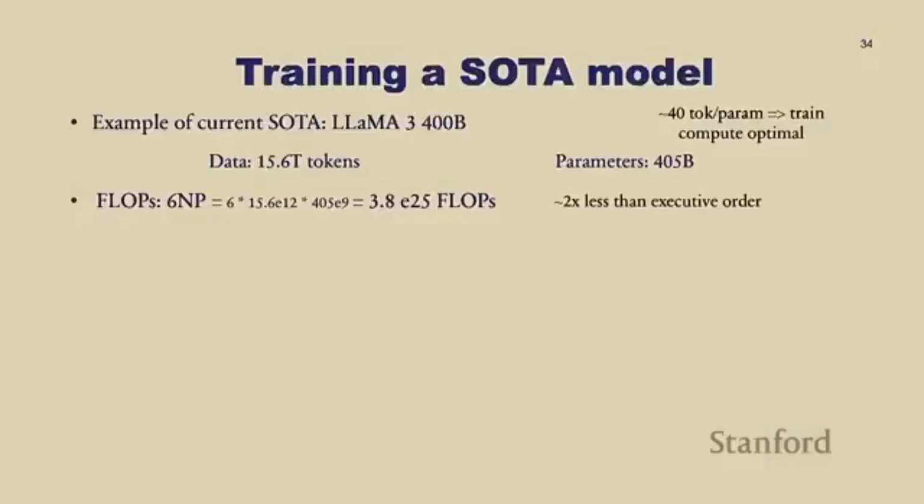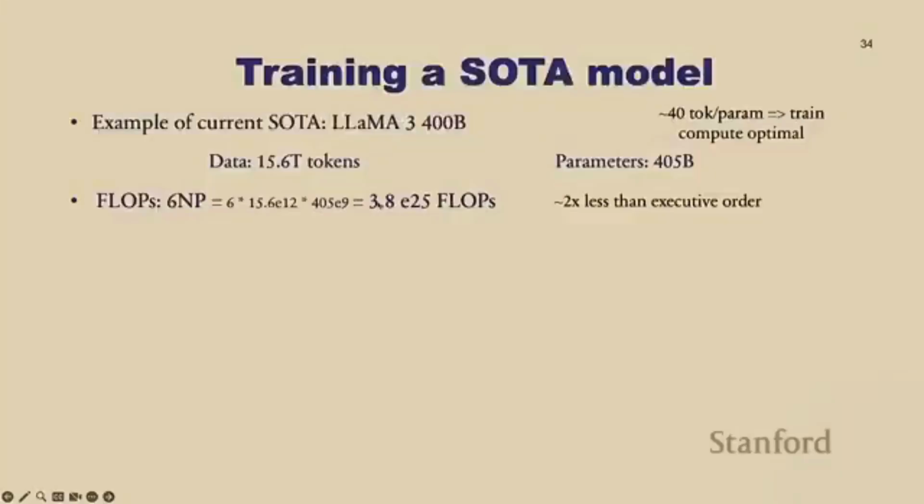Flops for this model. One simple way to compute flops is 6 times the number of parameters times the number of data that you train on. So if you do the simple calculation here, it's 3.8E25 flops. The reason why this is important is that if you followed the news a little bit, there's an executive order from Biden that basically says that once you have 1E26 flops, then you have special scrutiny on your models.